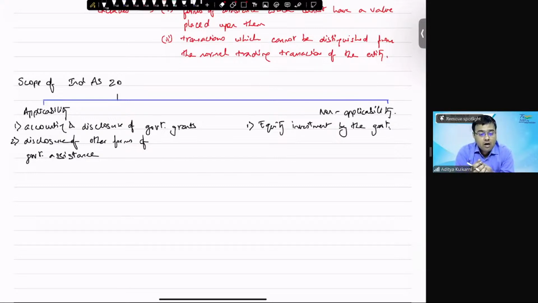These are the entities where the government has a controlling stake. In some cases, government may not have a controlling stake, but it will have a significant influence. So in all these cases, do you think the government has given a grant, or do you think the government has made an investment to generate profits out of the business?